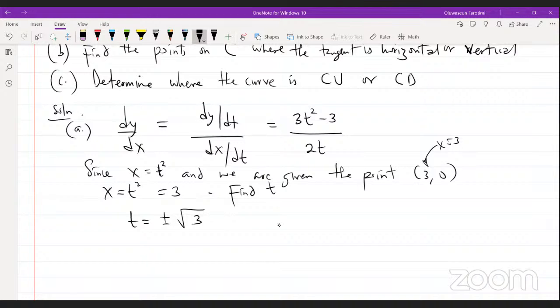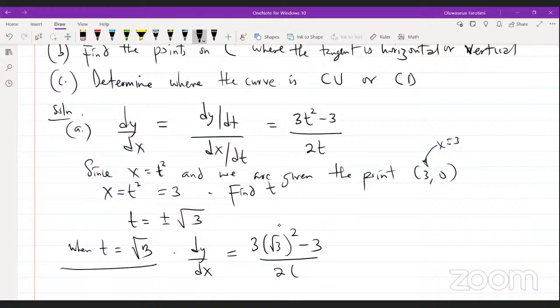But we're not done. When t equals, let's start with the positive one, what is your dy/dx? Just plug it in. This is 3 times the square root of 3 squared, minus 3, over 2 times the square root of 3. Square root of 3 squared is 3, 3 times 3 is 9, 9 minus 3 divided by 2 root 3.